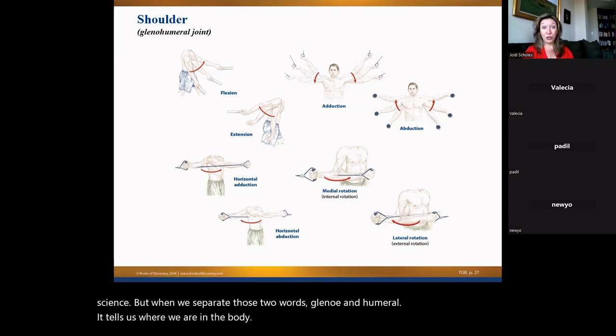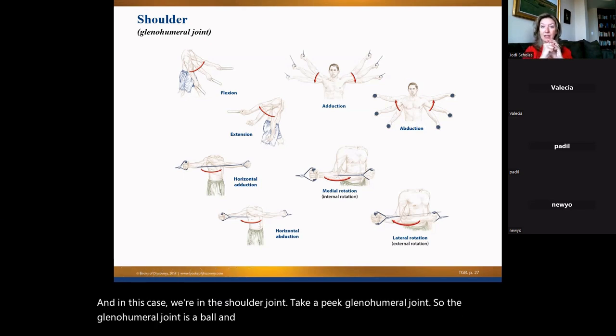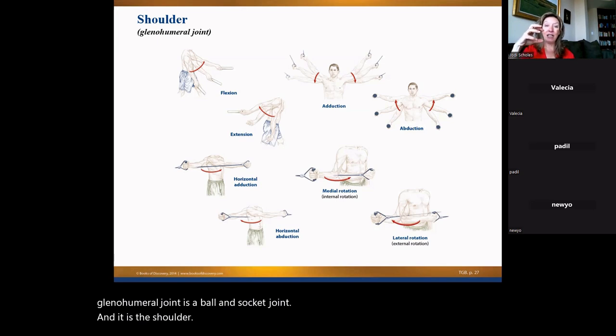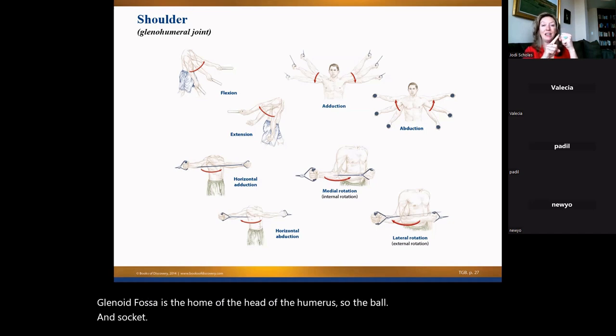And in this case, we're in the shoulder joint. So the glenohumeral joint is a ball and socket joint, and it is the shoulder. The glenoid cavity, glenoid fossa, is the home of the head of the humerus.